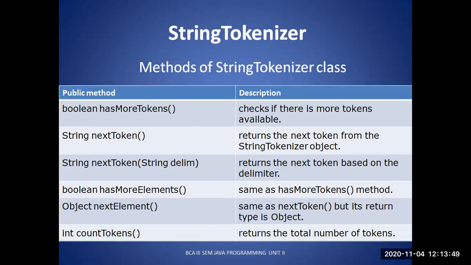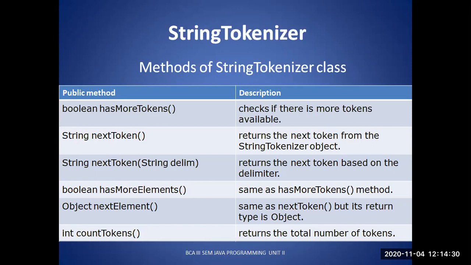Okay, let us get into the details of the methods which are possible in the string tokenizer class. These are the methods which are used in the string tokenizer class to access the strings. The first method is hasMoreTokens, which returns true or false if there are any tokens available in the particular string. Tokens are nothing but pieces of string. The second method is nextToken, which returns strings from the string which has been supplied to the string tokenizer object.